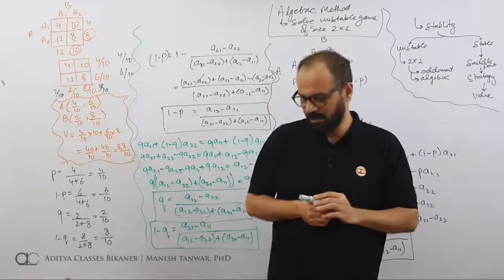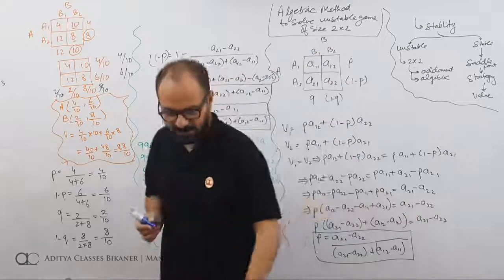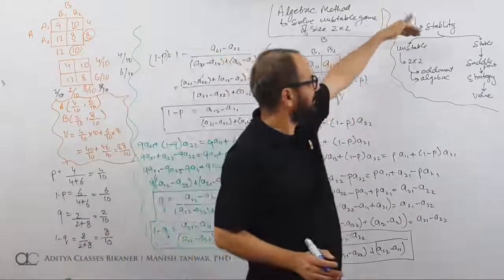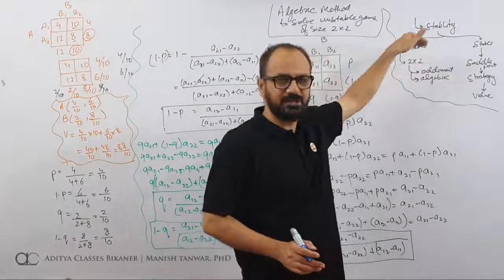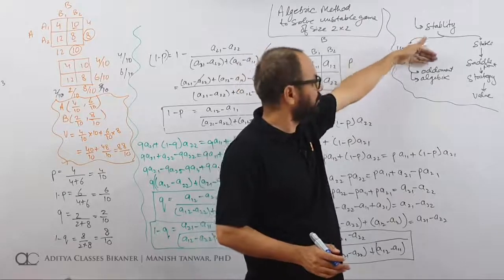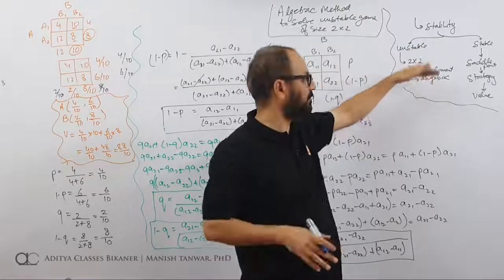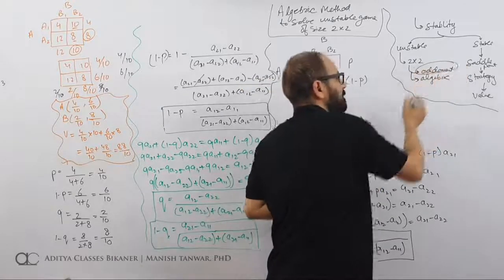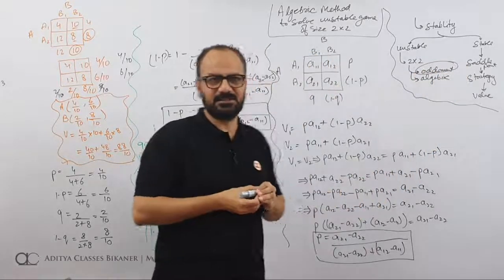So this was it for our today's discussion on algebraic method. Now we have advanced from stable games to unstable games. Unstable games, we have talked about 2 by 2 games using two different methods. Now you can pick your best method. I always suggest ornament method is best because it is easy, it is straightforward.